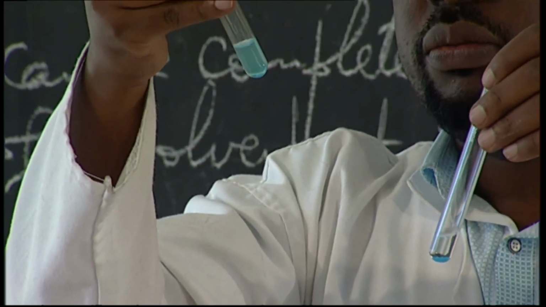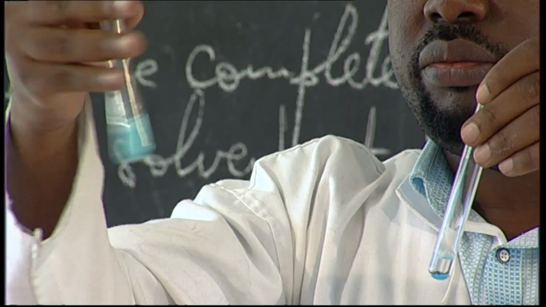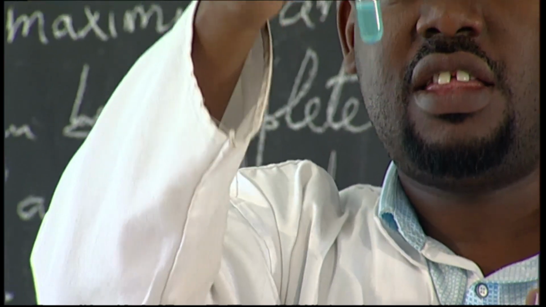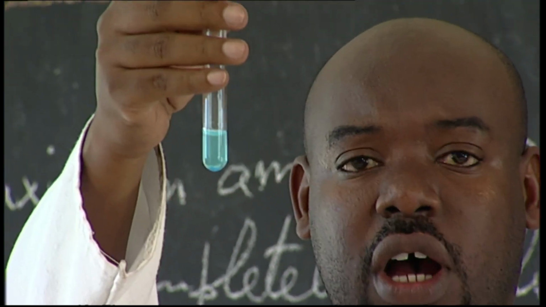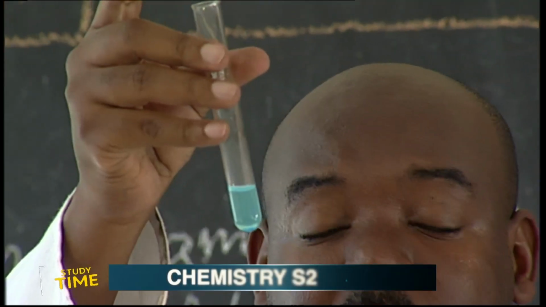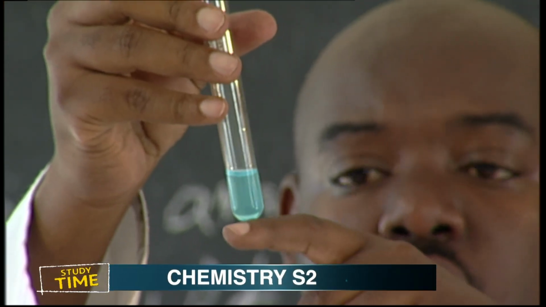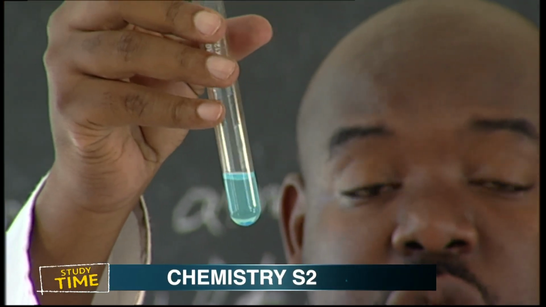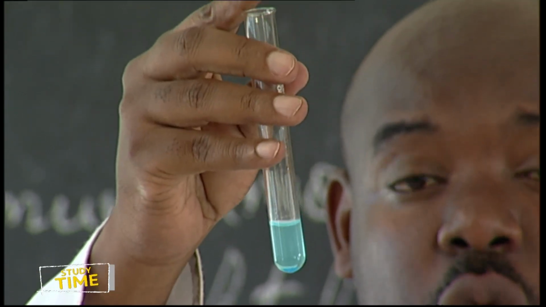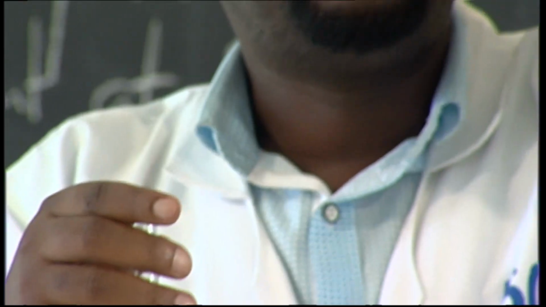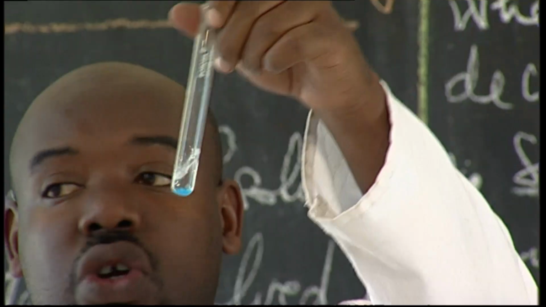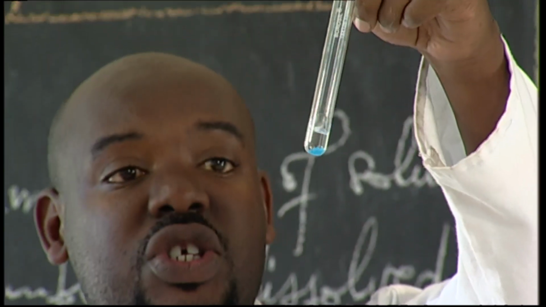Let's have a look. You can see that this solution, where we have water as a solvent, is becoming blue, and the solute particles are disappearing. So the solute or the salt is dissolving. But here there is no dissolution. The solute is not dissolving.